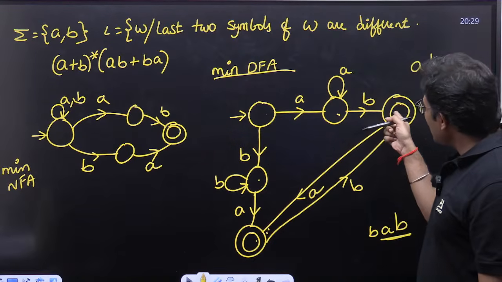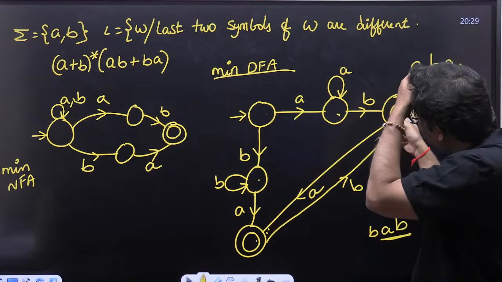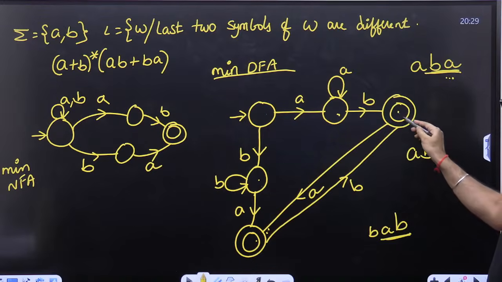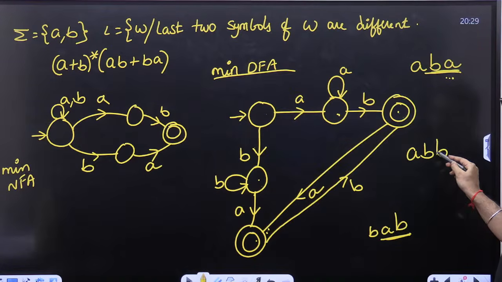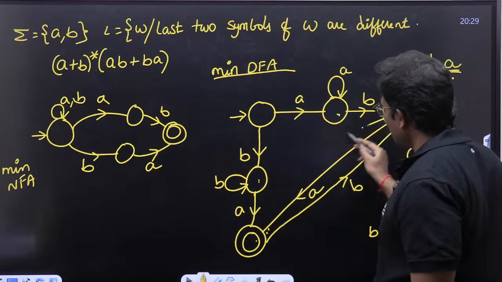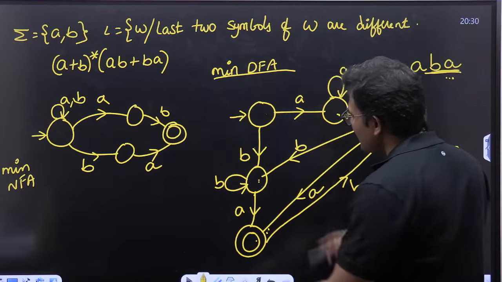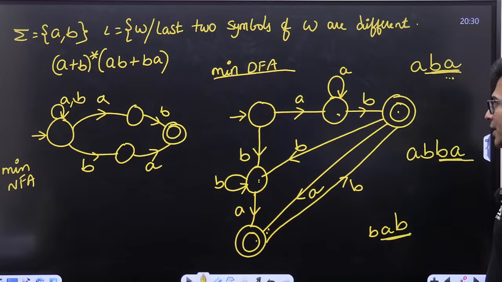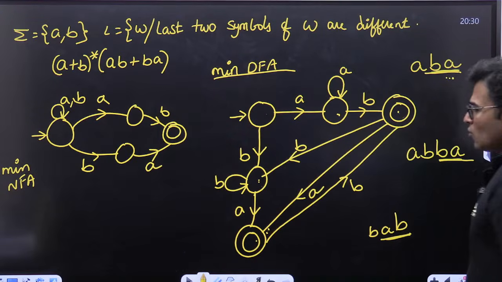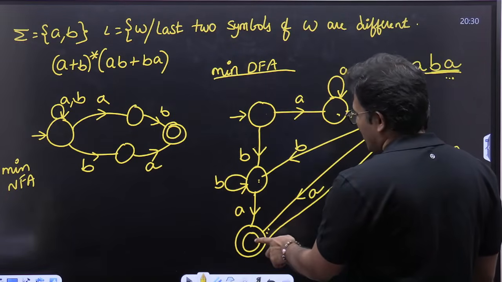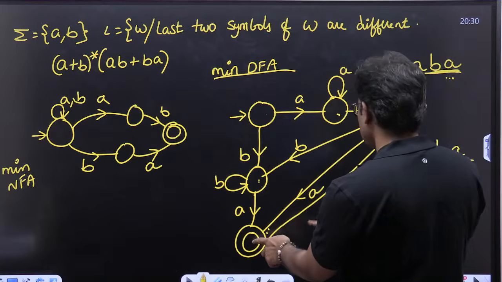So if I get a B here, what happens? See, I have seen AB and I have reached here. If I get a B, I may get an A and it may end with BA. So I will go here and wait for an A. Now, what happens if I get an A here?